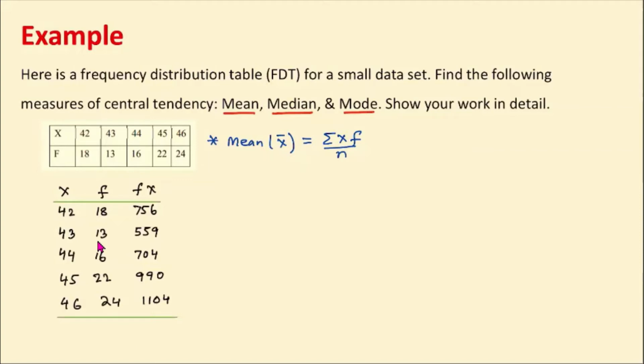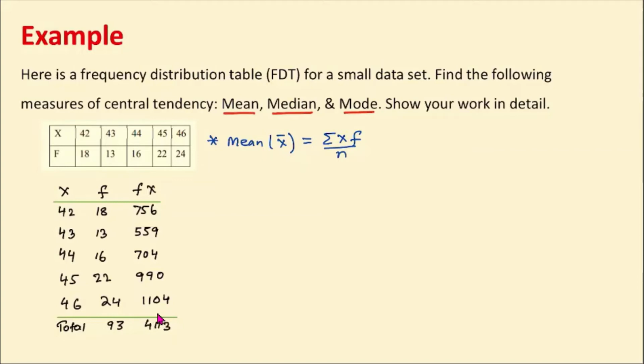Let's find the totals. The total number of observations will be 18 plus 13 plus 16 plus 22 plus 24, which is equal to 93. And the sum of F times X, 756 plus 559 plus 704 plus 990 plus 1104, is 4113.